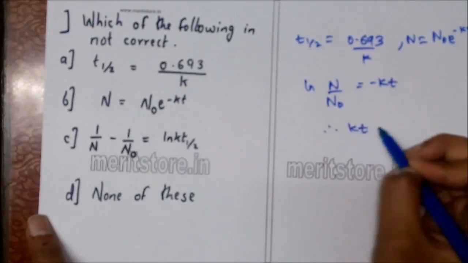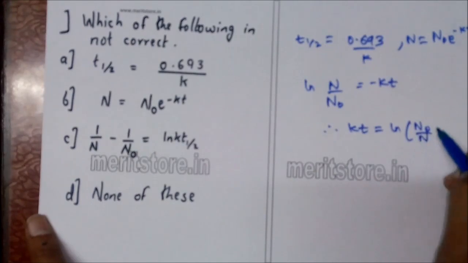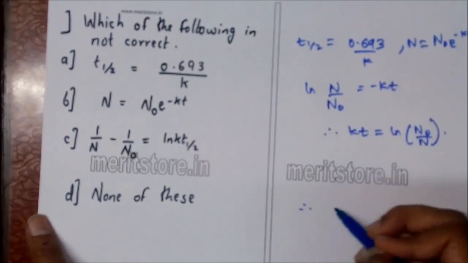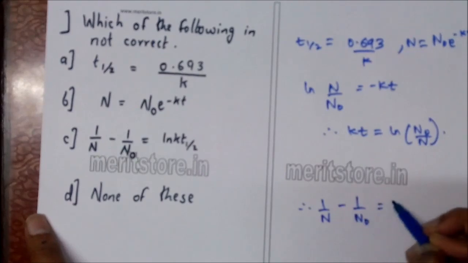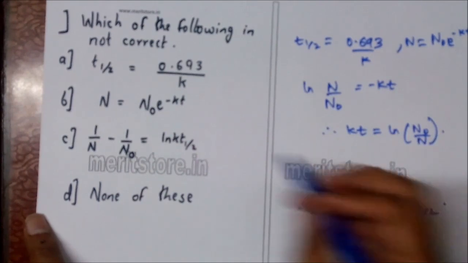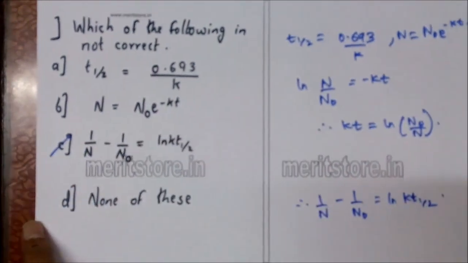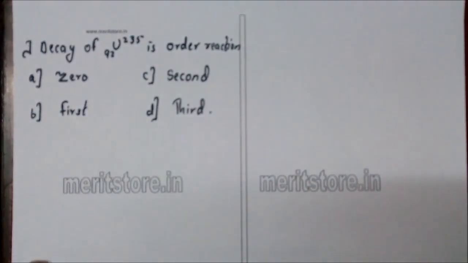Therefore, KT is equal to ln N0 upon N. Therefore, 1 by N minus 1 upon N0 equal to ln KT half is not correct. So option C is the incorrect statement.